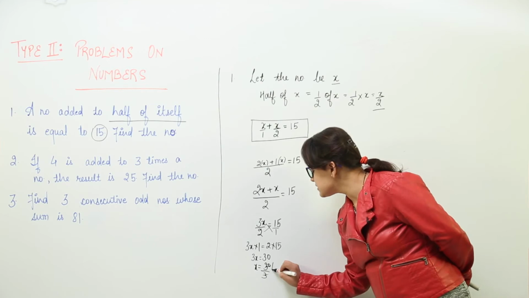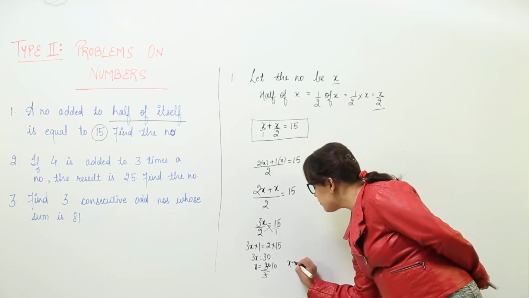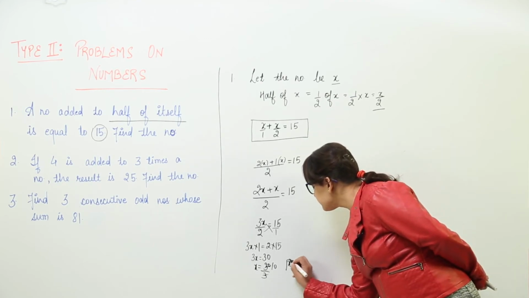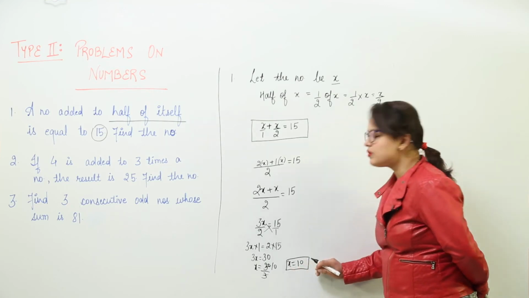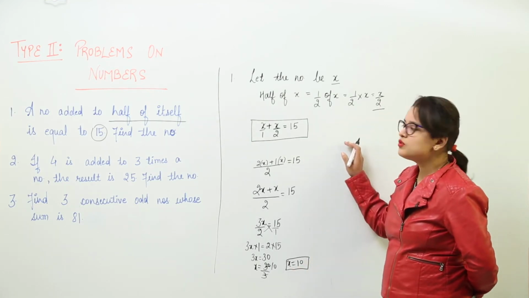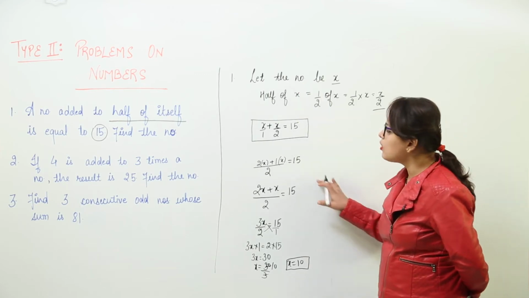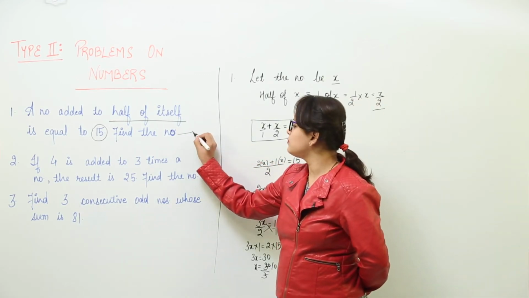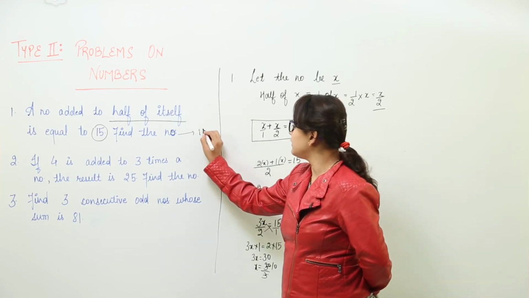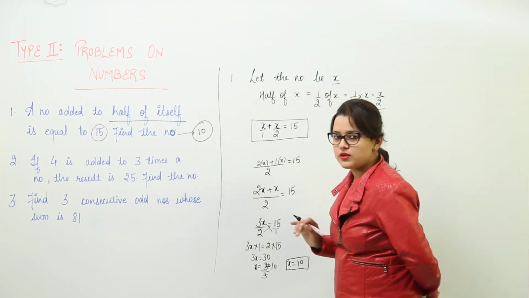Now solving this, we got the value of x to be 10. That means, what was x in the question? We had assumed it to be the number that we have to find. So now the value of that number comes out to be exactly 10. So 10 is the answer for this question.